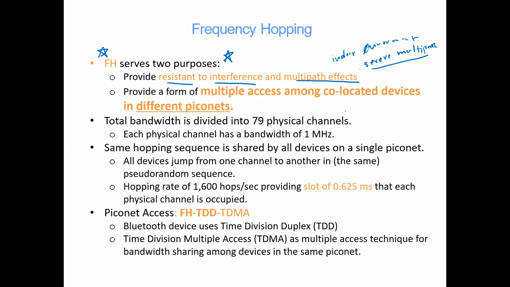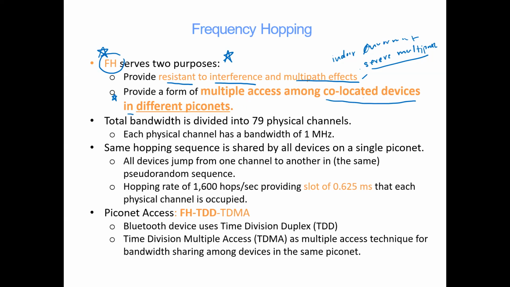Originally for classic Bluetooth, there is of course a multipath effect. But by using frequency hopping, it can resist interference and multipath effect. The other objective is that it provides a form of multiple access among co-located devices. We have to highlight this one.